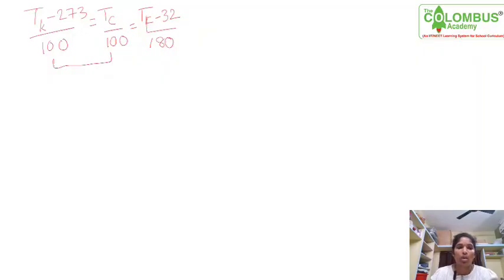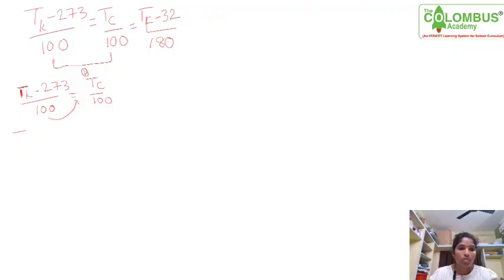Now, if I try to build the relation between Kelvin and Celsius, temperature in Kelvin minus 273 divided by 100 equals temperature in Celsius divided by 100. I am taking the first relation. Now send this 100 to this side. So what you will get?